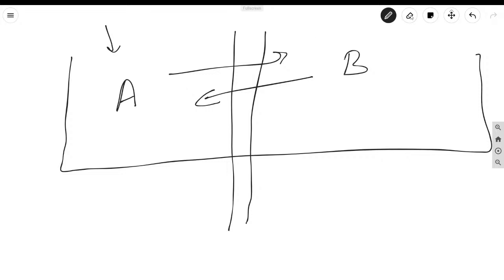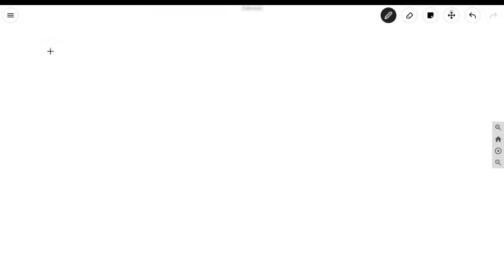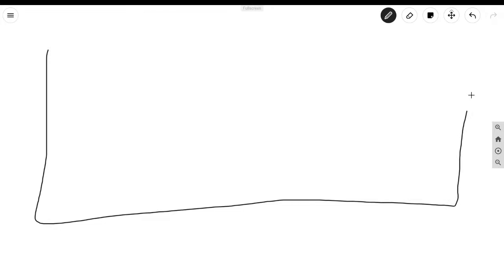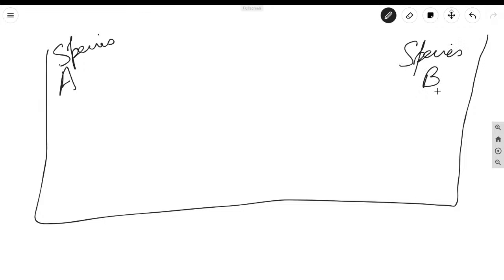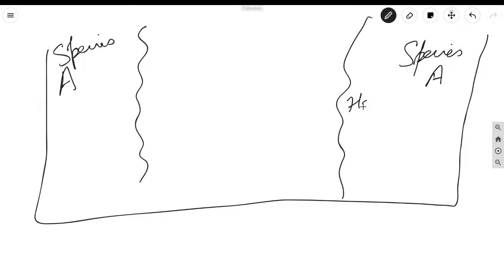Okay. But for example, let's take one big area. If it is a huge area like the Amazon rainforest, or a tundra biome, what happens is at one end you have species A, at another end you will be having species B. Or let's take the same species A, but the habitat in this region and this region would be different.